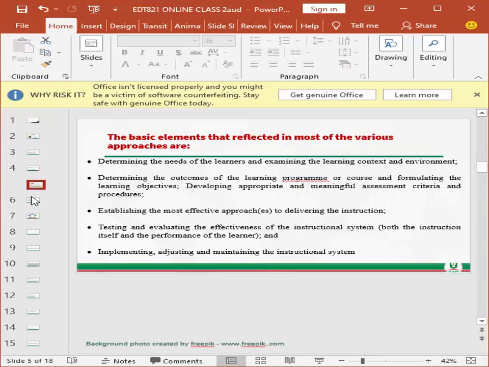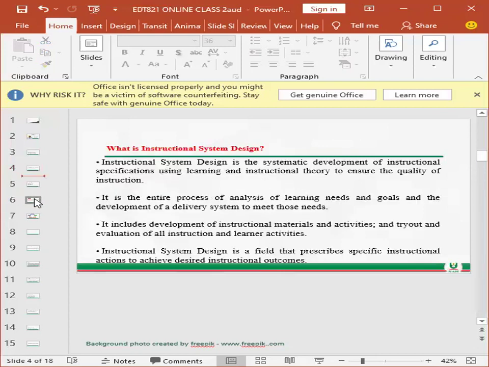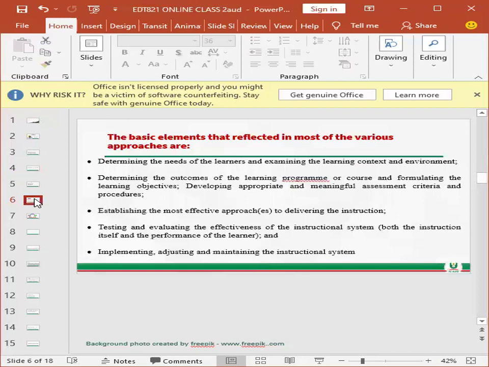There are basic elements of instructional design. These basic elements are reflected in most of the various approaches of instructional system design. One is determining the needs of the learners and examining the learning context and environments.